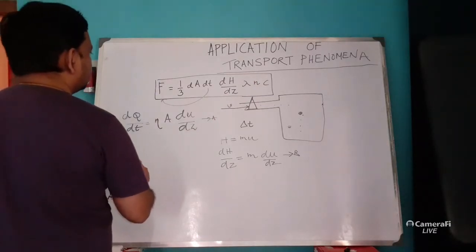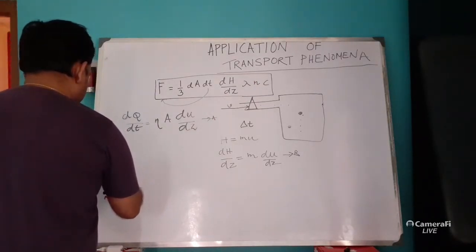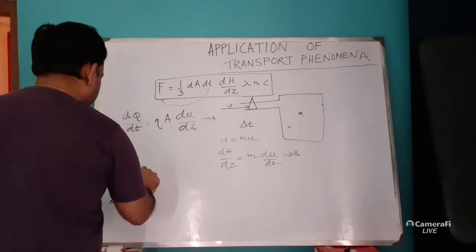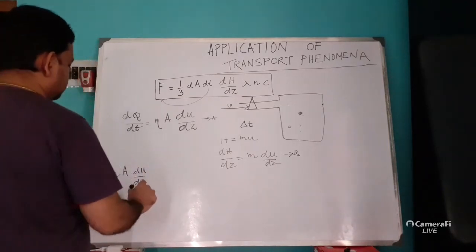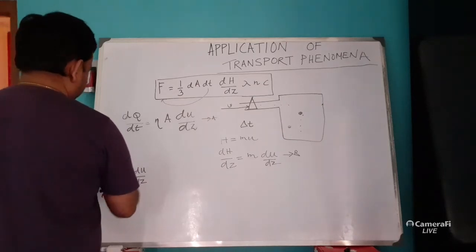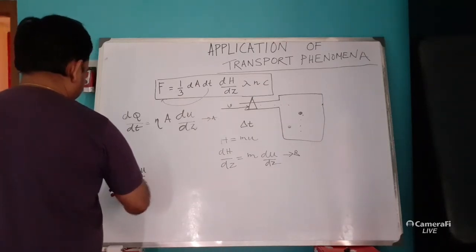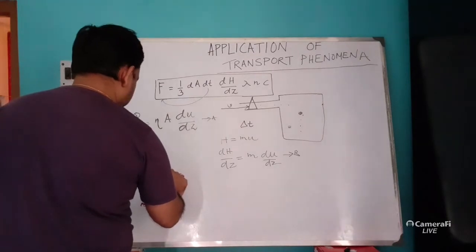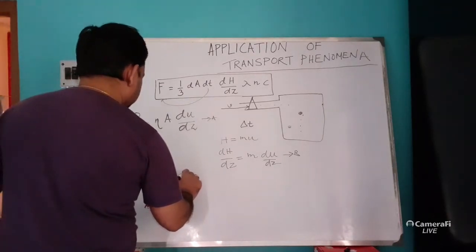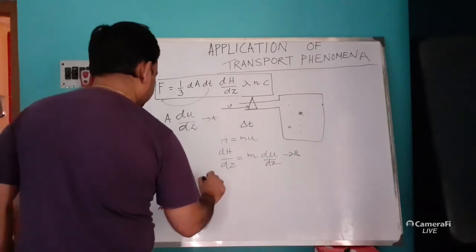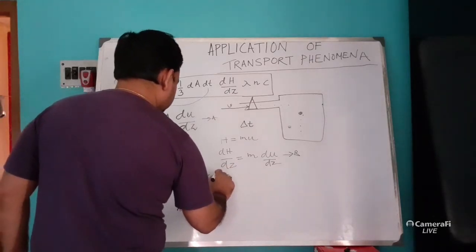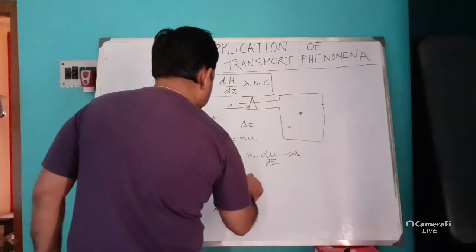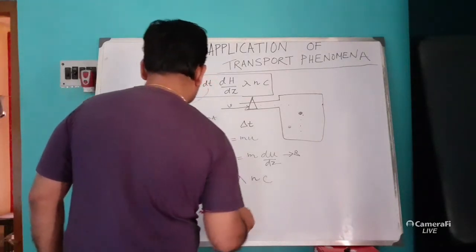So we will put this thing over here, and we will have eta A du by dz is equal to 1/3 dA n du by dz lambda c.